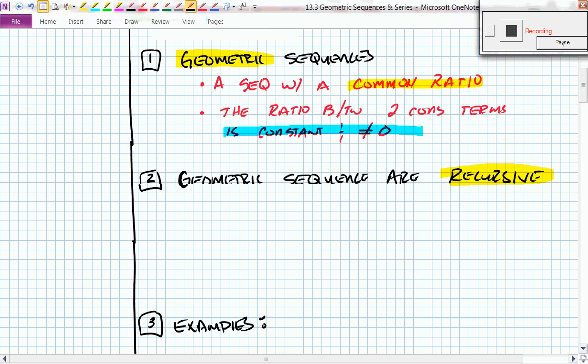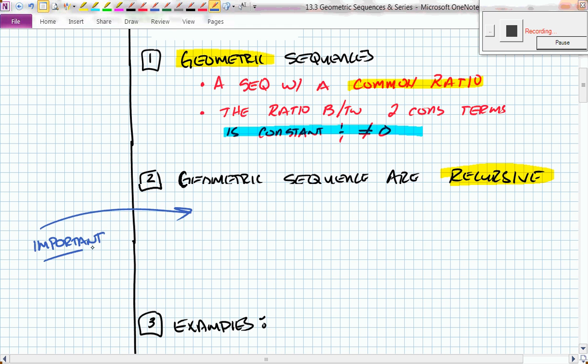Okay. Just like arithmetic sequences, geometric sequences are also recursive. That means they build off of each other, just like the arithmetic sequences did. So there's a general form for a geometric sequence. This would be your general form here.